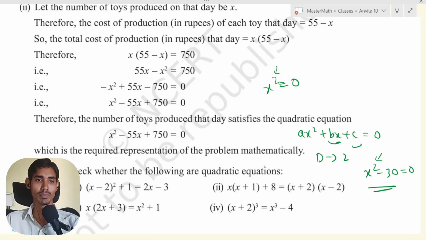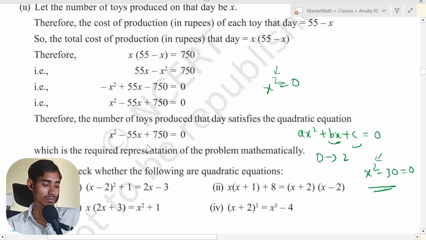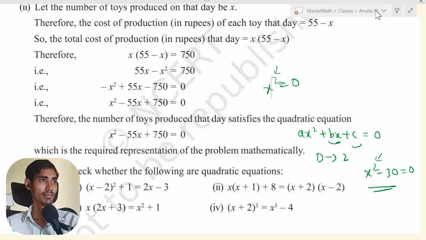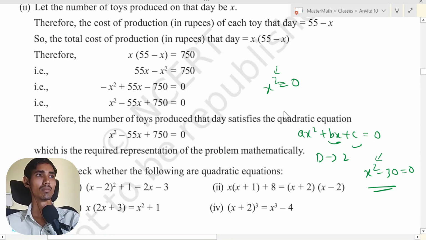Just a minute, I'm trying it by writing. x plus 1 plus 8 is equal to x plus 2 times x minus 2. x square plus x plus 8. Sir, will this become multiplication in the RHS?